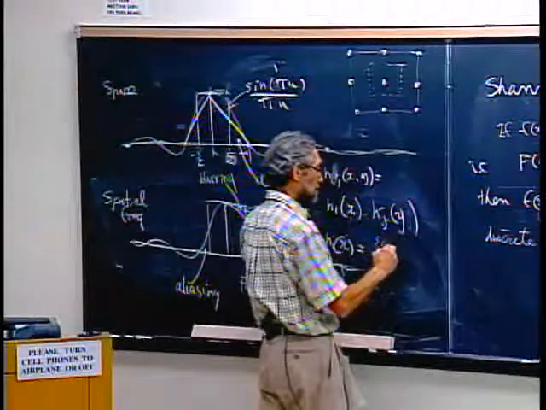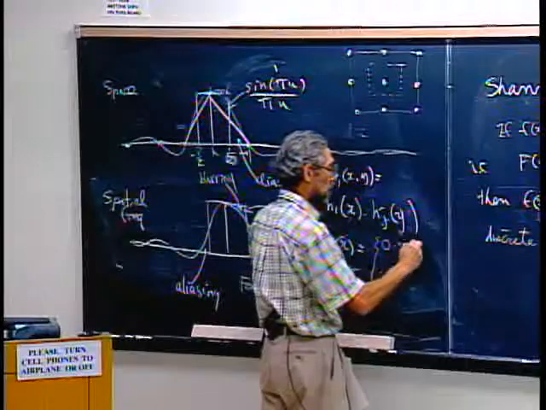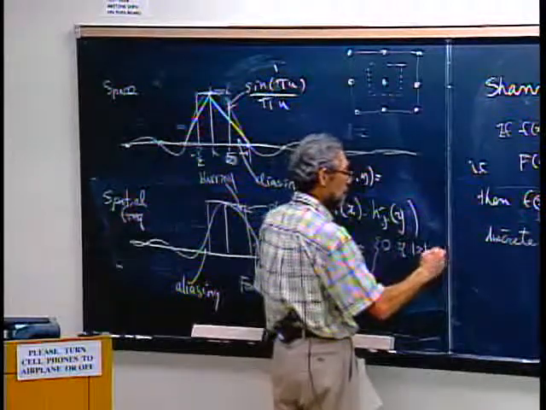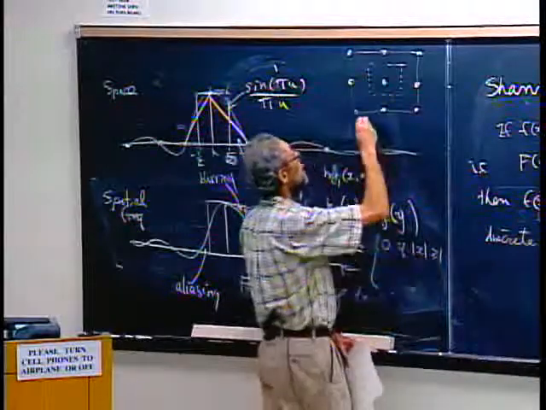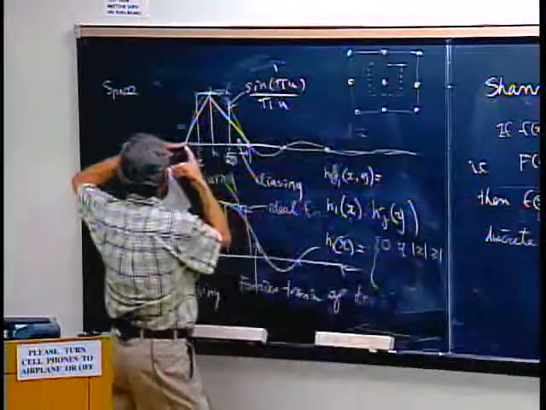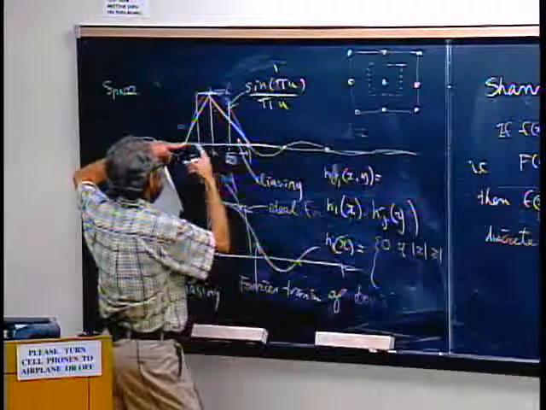It's 0 if the absolute value of x is greater than or equal to 1, and my triangle from minus 1 up to 0 is increasing.